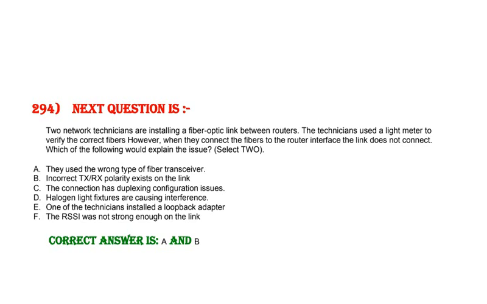Option B, incorrect TX/RX polarity exists on the link. Option C, the connection has duplexing configuration issues. Option D, halogen light fixtures are causing interference. Option E, one of the technicians installed a loopback adapter. Option F, the RSSI was not strong enough on the link. Correct answer is option A and option B.